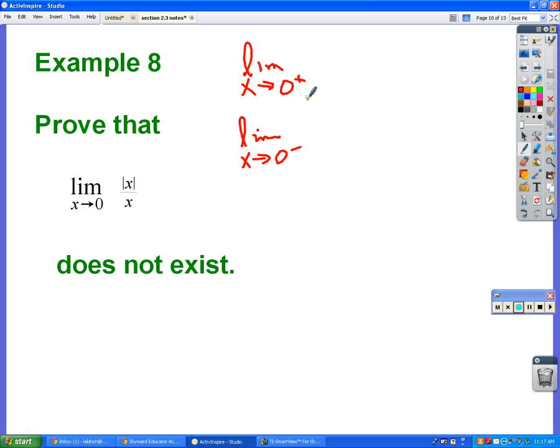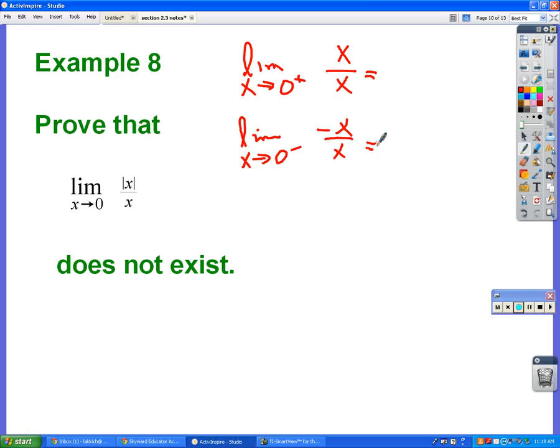X. Positive value, so this would be x over x. So I'm rewriting this as just plain old x, because if the numbers are positive, I don't have to take the absolute value. What does the absolute value function become if I'm looking at the negative numbers? So this one would be negative x over x.